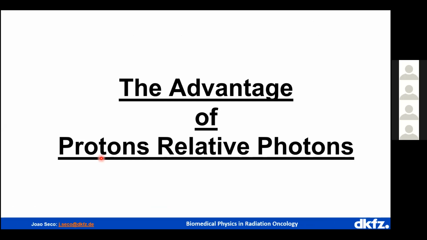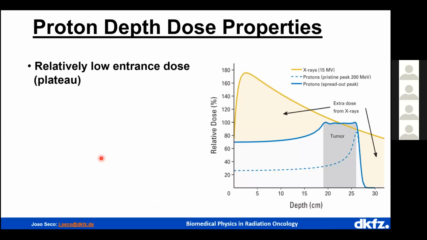Okay, so let's quantify the true advantage of protons over photons. Here is your so-called Bragg peak in the blue dotted line, and the yellow represents your X-rays. And you can produce the so-called blue line here by adding a few of these Bragg peaks. And this is your so-called spread out Bragg peak. So one advantage is immediate.